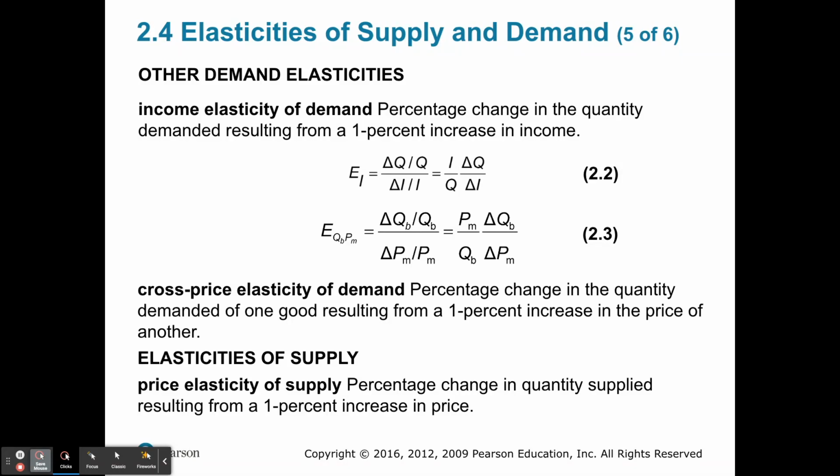Now, there are other elasticities that are important to know, especially if you are in marketing. And that would be, what is your income elasticity of demand and what is your cross price elasticity. So let's say that I worked for a used car company that sells used cars, like Carvana or CarMax or one of those.